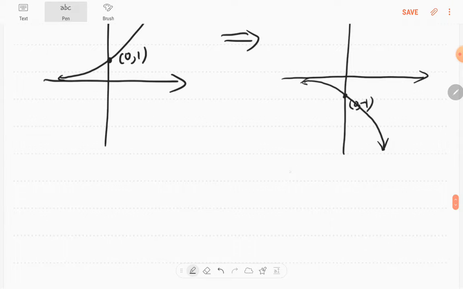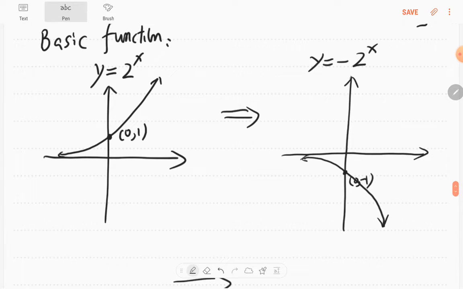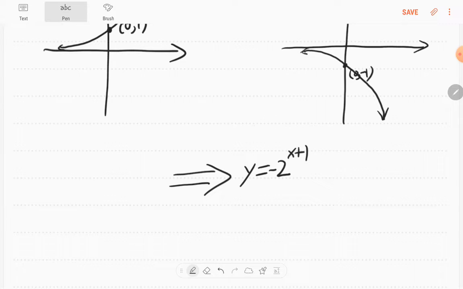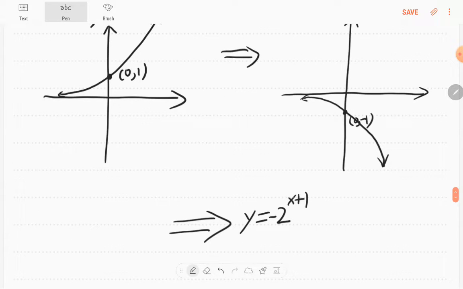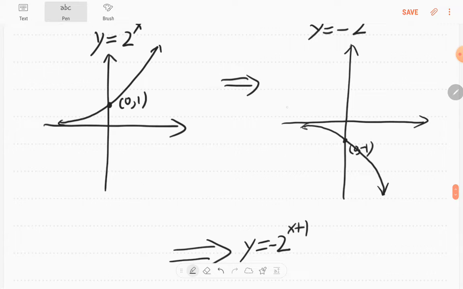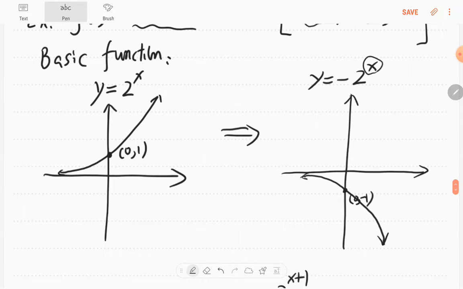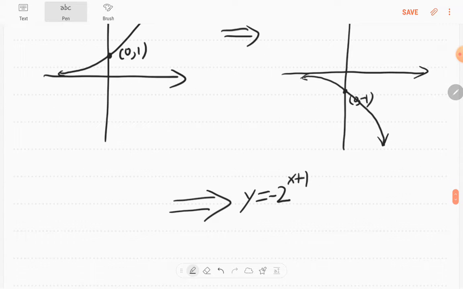What should we do next? From here, we add 1 on x, so it becomes y equals -2 to the x plus 1. Remember, if we add a number on x, we move the graph to the left, so we add 1 on x and move the graph to the left by 1 unit.